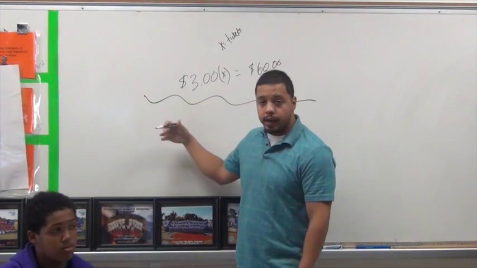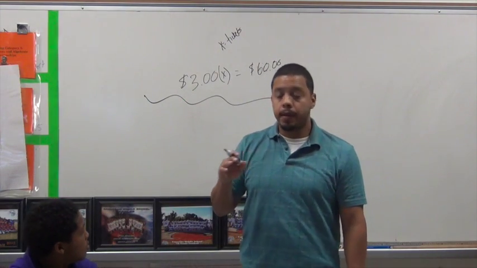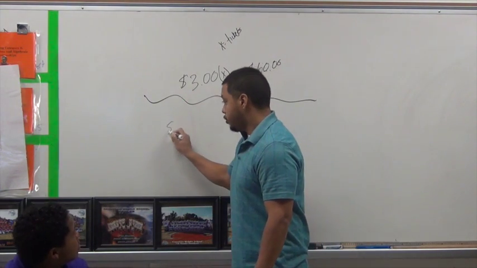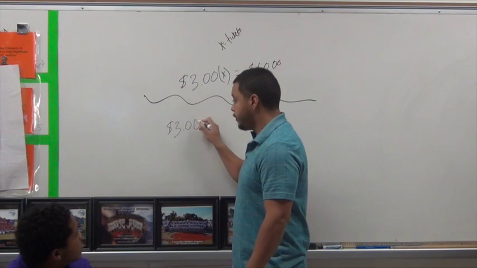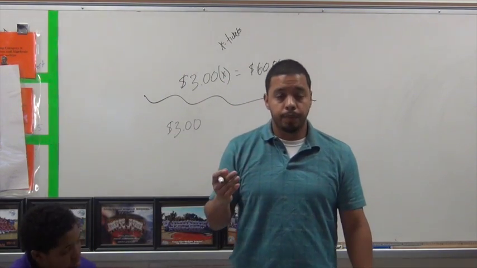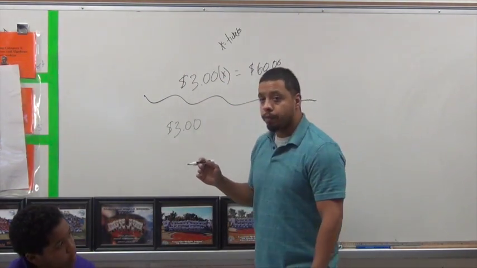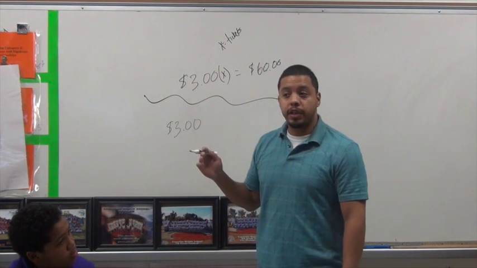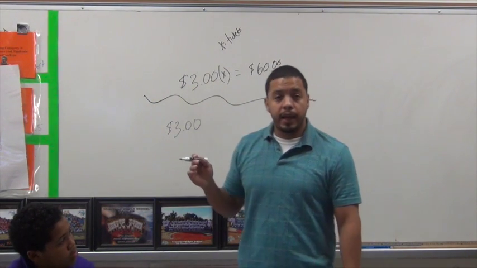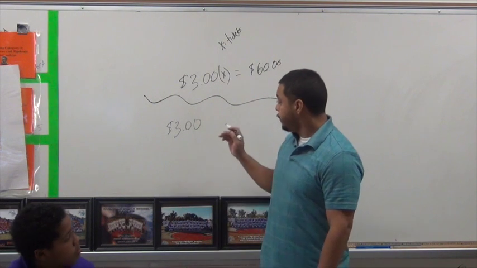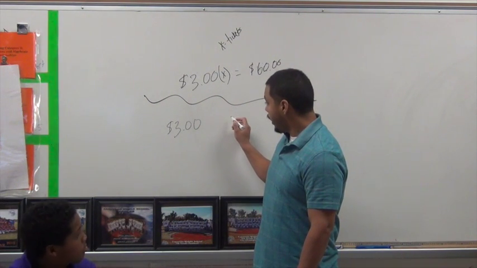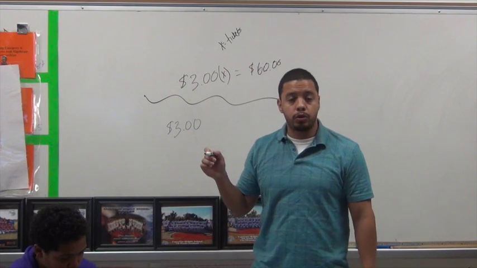Now, I'm going to write an inequality using the same example. I still want to use $3 because the tickets don't change. But now the way that I want to change it is I'm going to include a less than or equal to sign.